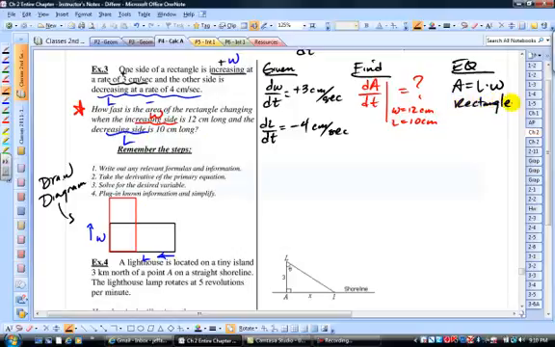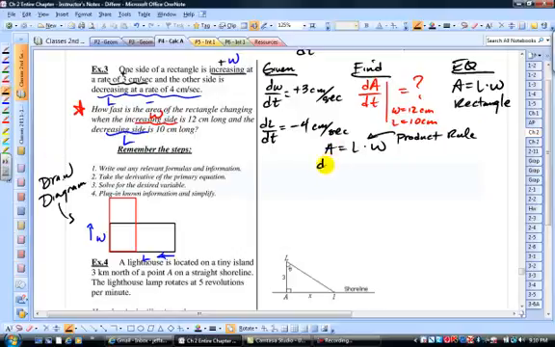Okay? So what we need to do now is differentiate the primary equation with respect to time. So we start off with saying, okay, A is equal to L times W, and that's a product. Now keep that in mind. If it's a product, well, we're probably going to have to use the product rule. Thank God we learned to do that a couple sections ago. So I want to differentiate the left side.